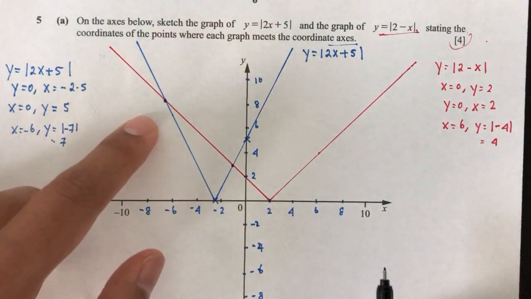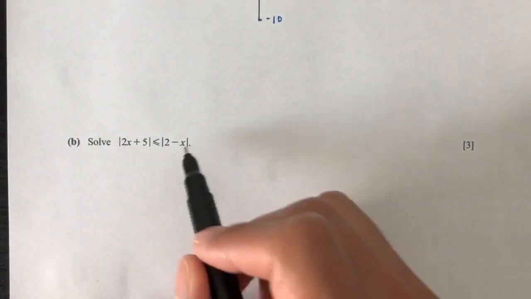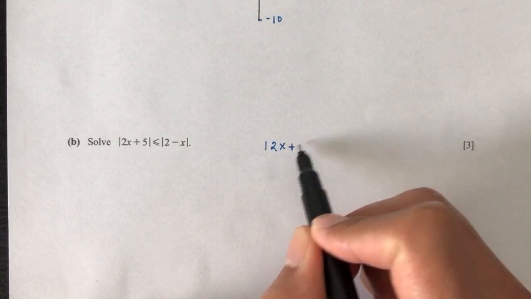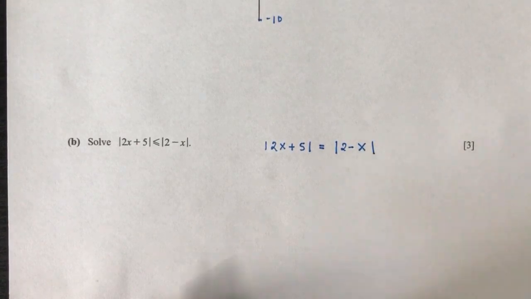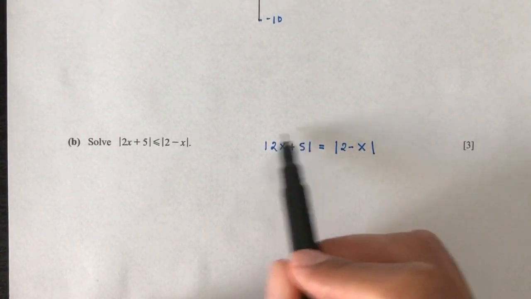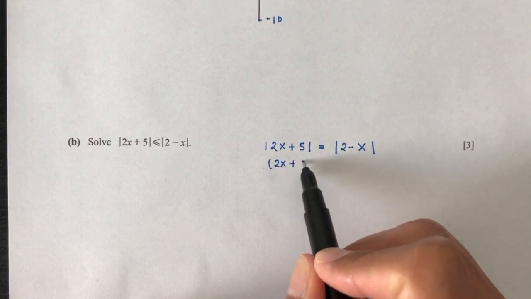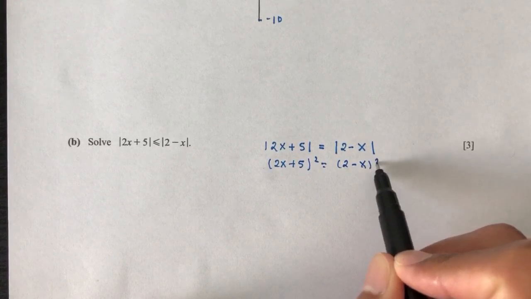So I can either solve the graphs simultaneously, or I can just solve this one. Pretty easy. The first thing I can do, let's rewrite this down to find the values of x. So what can we do to remove modulus on both sides? We can square both sides. We'll have (2x plus 5) squared equals (2 minus x) squared.